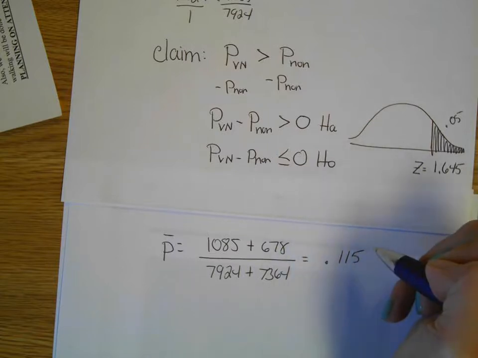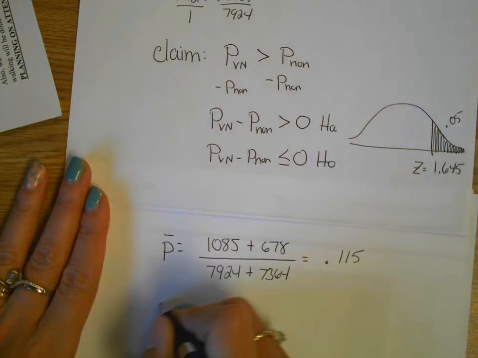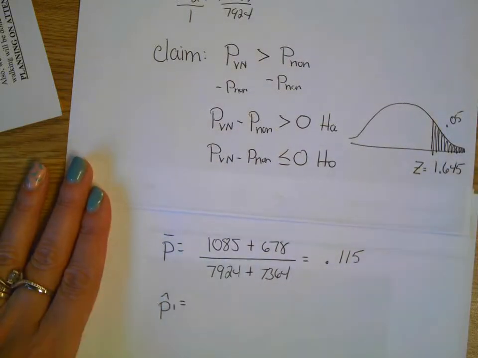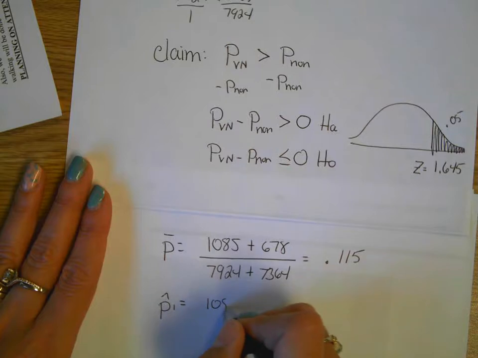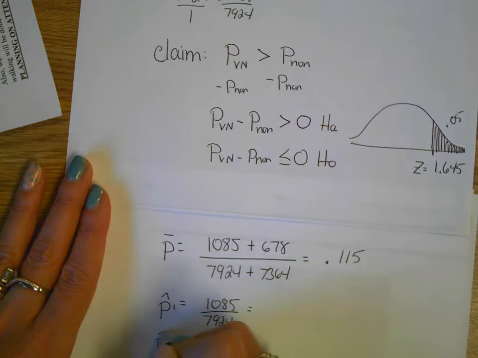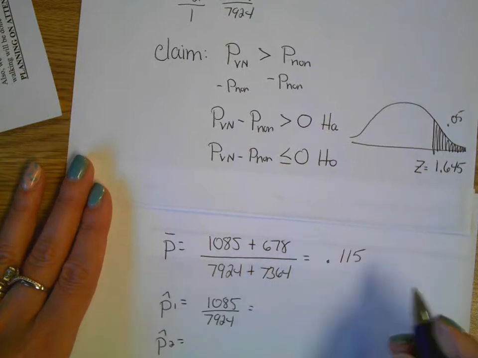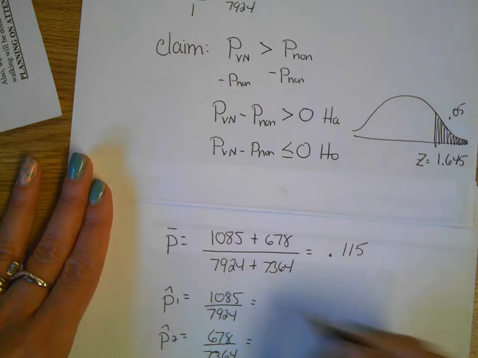Okay. So now the P hat 1 we're going to need. That's our percent successes from our first sample. So if I look back, that was 1,085 out of 7,924. And P hat 2 is the successes from sample 2. So if you want to do decimals there, you can.